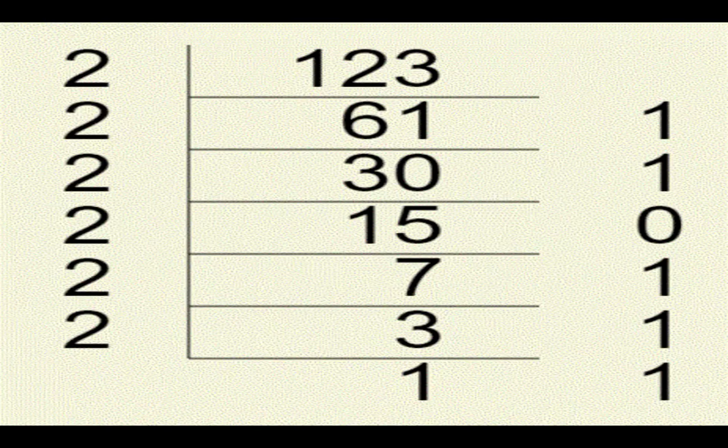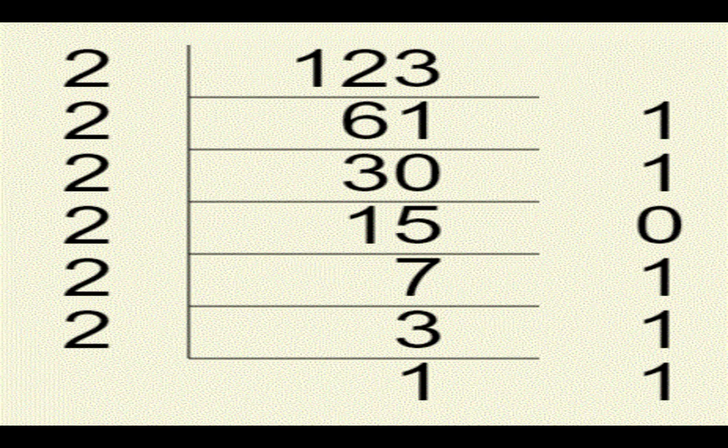How to convert between number bases? For example, if we have the number 123 in decimal base, since we want to convert it to binary, with power 2, we divide by 2. 123 divided by 2 is 61, with a remainder of 1.